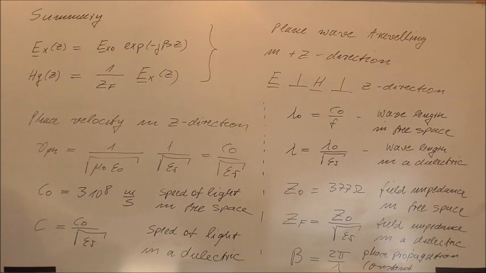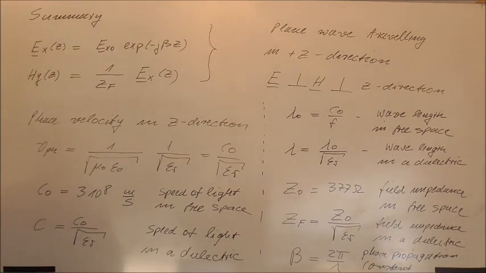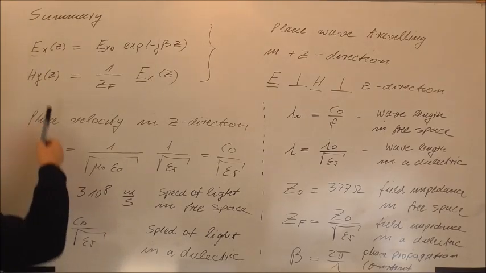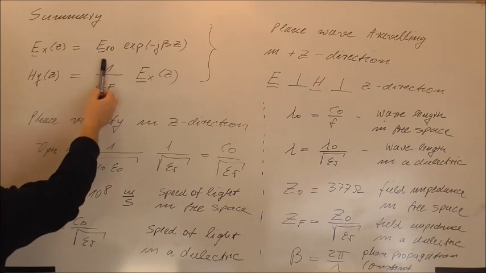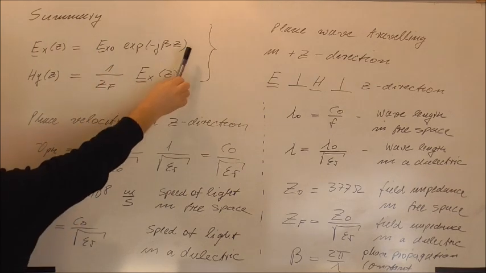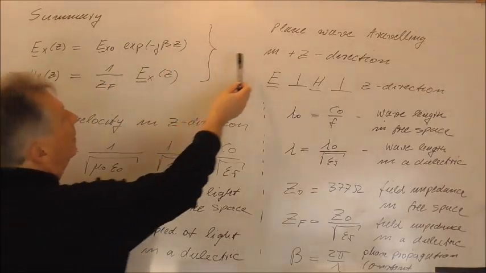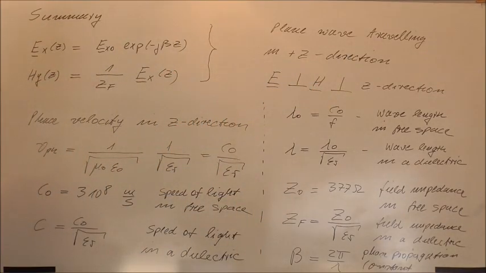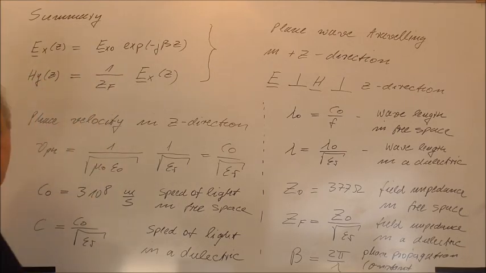So I want to summarize now our knowledge about a plane wave. Up to now, we found as a solution for the wave equation, if I assume an electric field in the x direction, and this term will describe the propagation in the positive z direction, that this function will solve the wave equation.